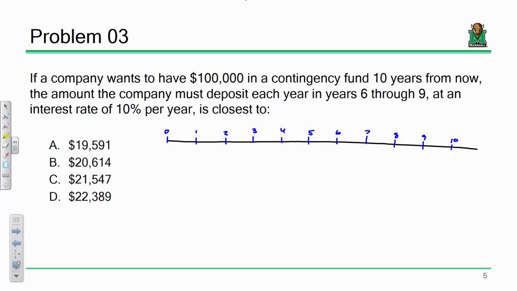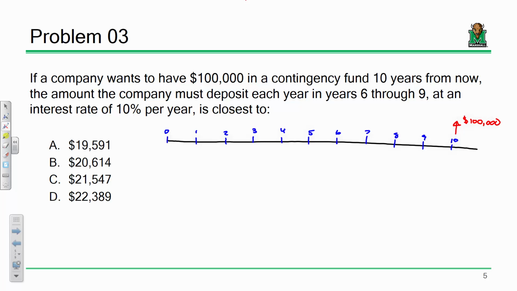Okay. The company wants to be able to draw $100,000 at the end of year 10.